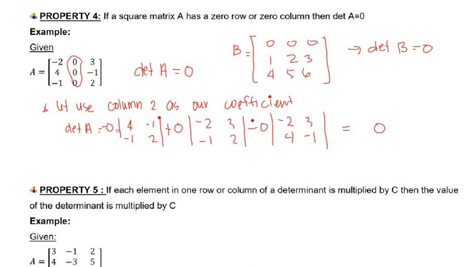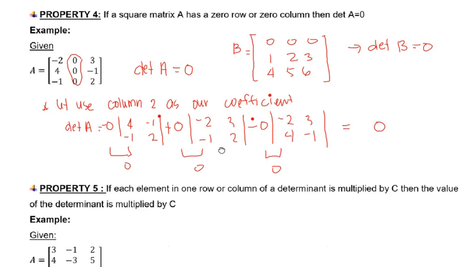So, a number multiplied by 0 is 0. So, 0 ito. 0 din ito, 0 ito. So, yung determinant natin is 0. So, for every square matrix that has a 0 row or 0 column, yung determinant niya is 0. So, that is for property 4.